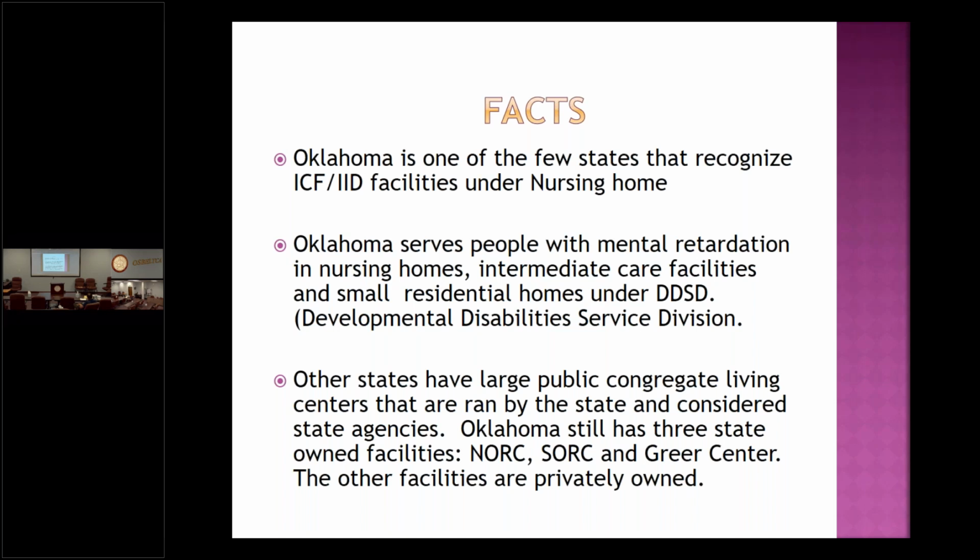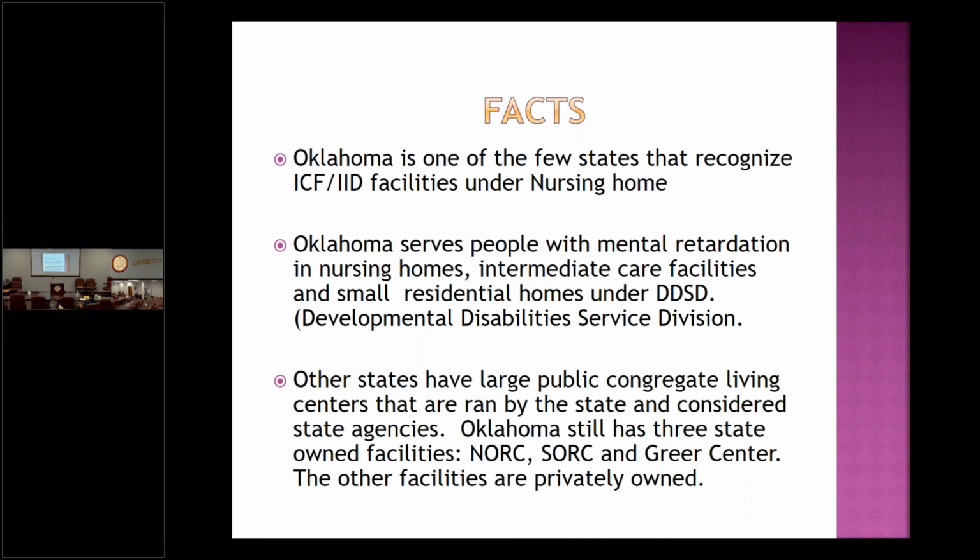I know the last time I visited, they were in the process of trying to go to something more independent, to the point that they were allowed to provide privacy and so forth. Oklahoma has recently closed North and Source, and those people were moved to the community setting.